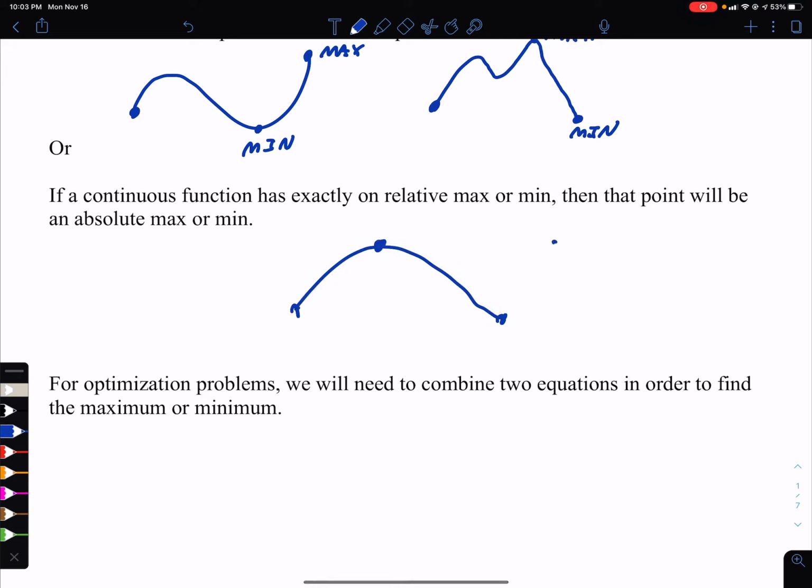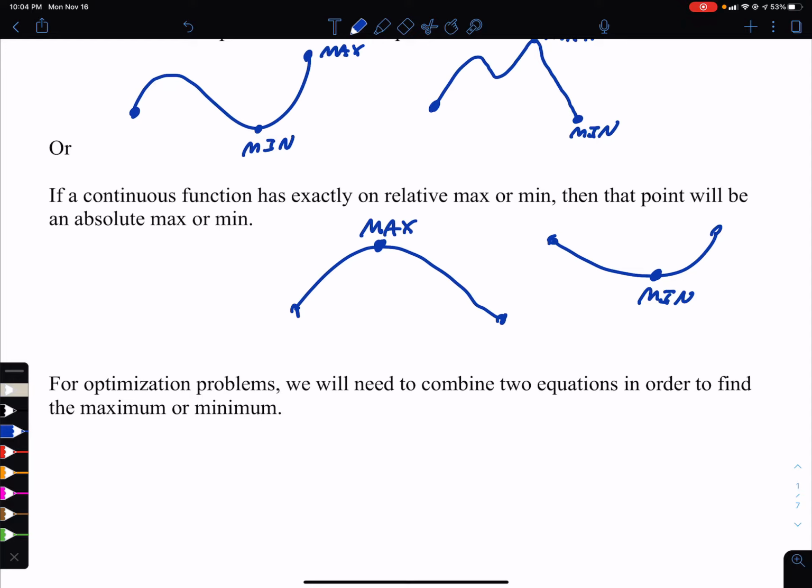And similarly, if you only have one relative minimum and you have a continuous function, no other relative extrema, that point has to be an absolute minimum, not just a relative, but absolute. So that's another way, just checking for one relative extrema of a continuous function, and it's guaranteed to be absolute extrema.